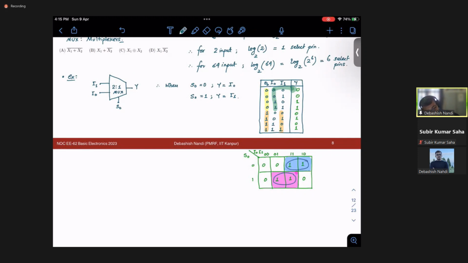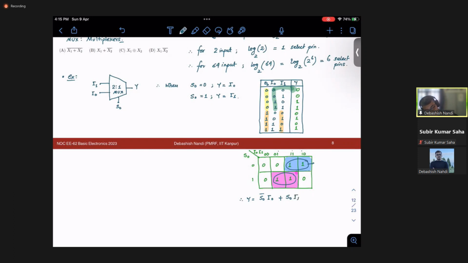So your y would be nothing but, what is this? This one is S0 bar, and what is the common term here? I0, right? Plus, what is this term? This is S0, and what is the common term between this and this? It is I1.